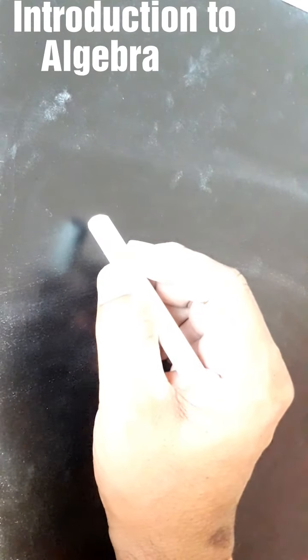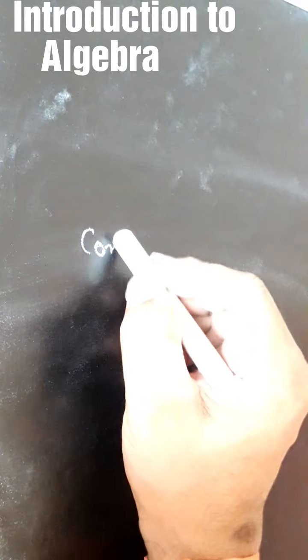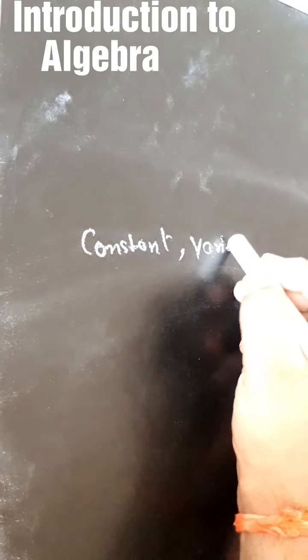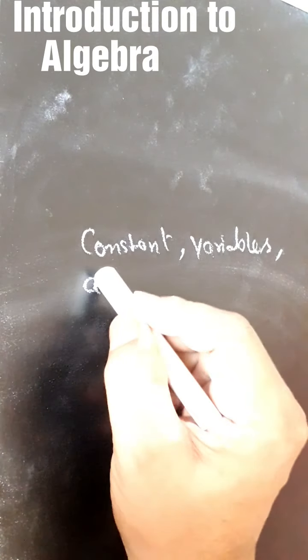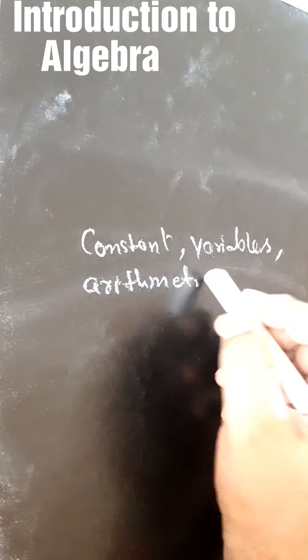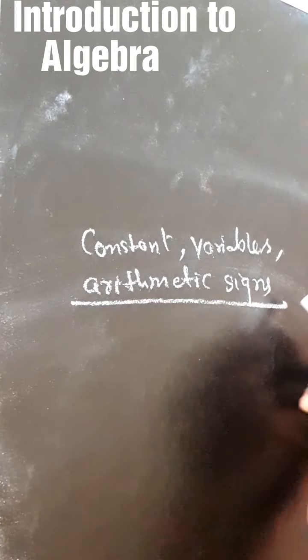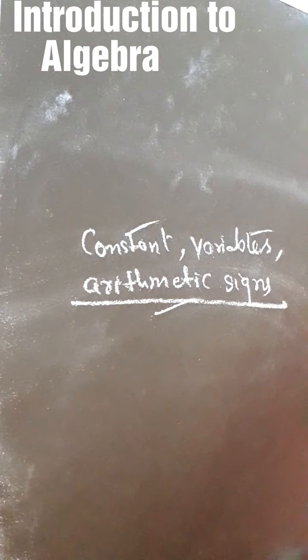Those expressions which contain constants, variables or literals, and arithmetic signs. Combination of arithmetic signs, constants and variables are called algebraic expression.